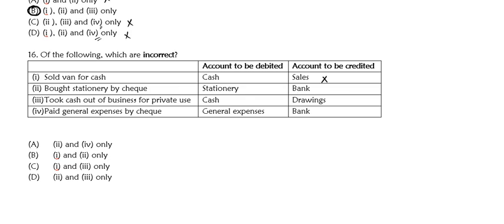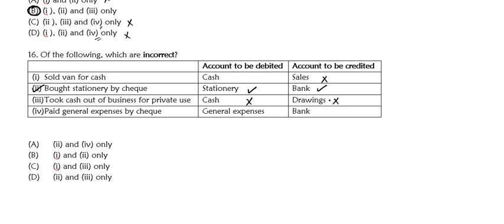Bought stationery by check, debit stationery, credit check, that is bank, so that is correct. Took cash out of the business for private use, account to be debited, cash, no. It should be debit drawings. When you take out cash of the business for private use, it should be debiting drawings and then crediting cash.